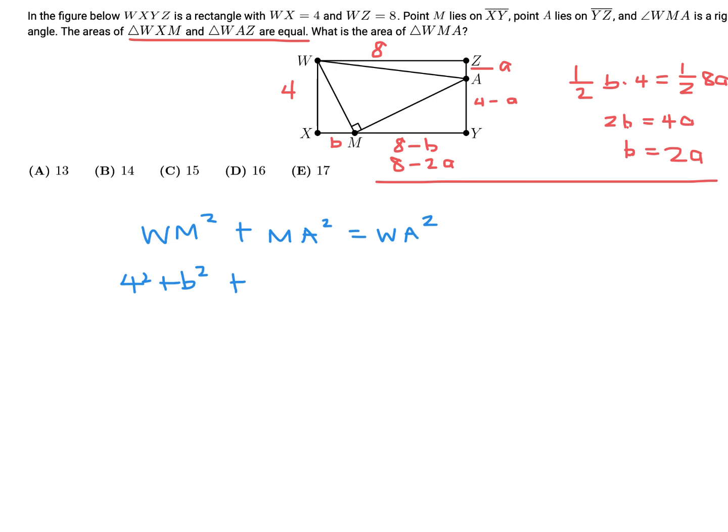And for MA, it would be 8 minus B, and I guess I'll substitute it in later, plus 4 minus A, all squared. And then the last one, WA, that would be 8 squared plus A squared.